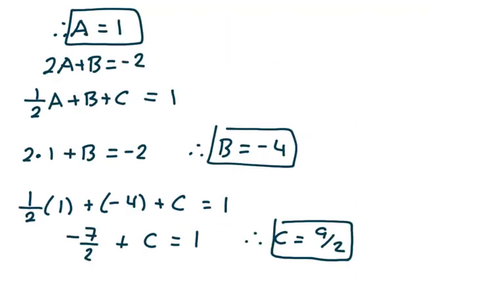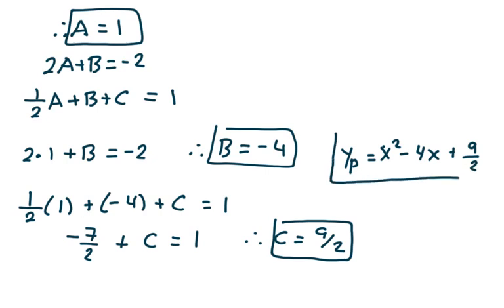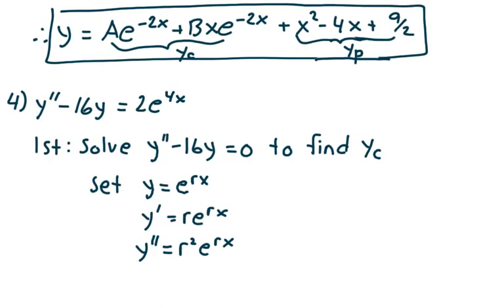And if you're more comfortable, we can come over here and we can write y sub p is equal to x squared minus 4x plus 9/2. So you could write the particular solution first, and then from here, put everything together. And that might make it a bit easier.